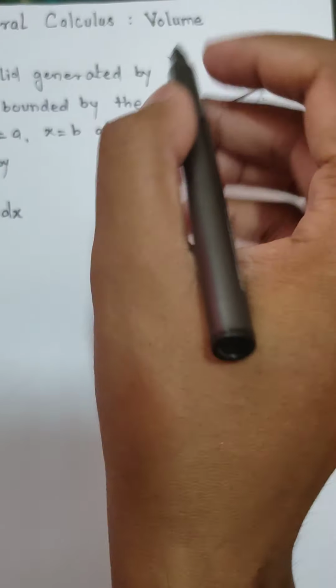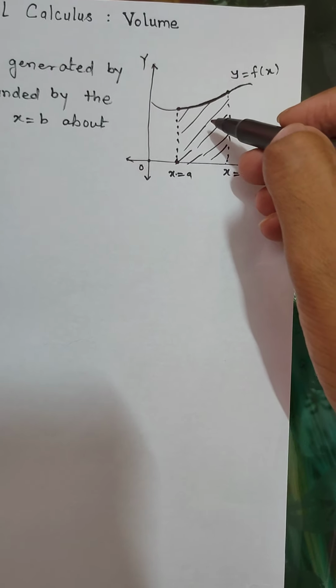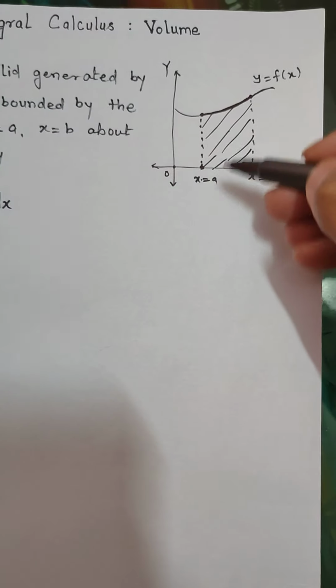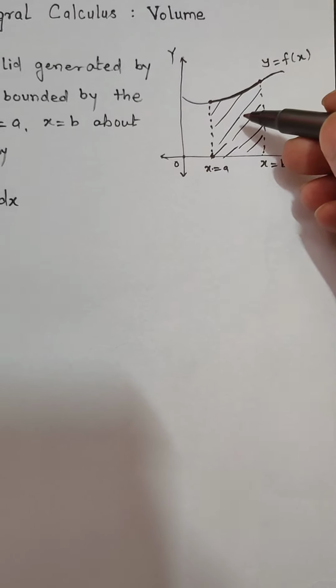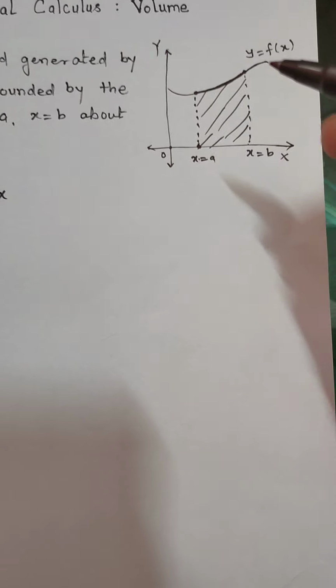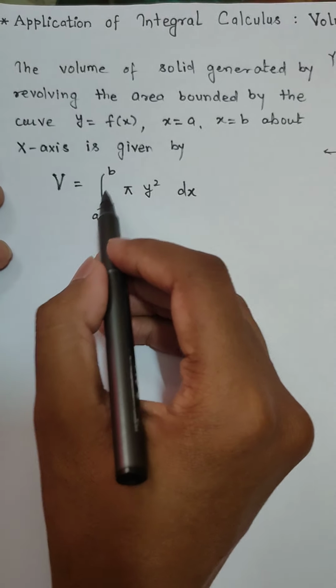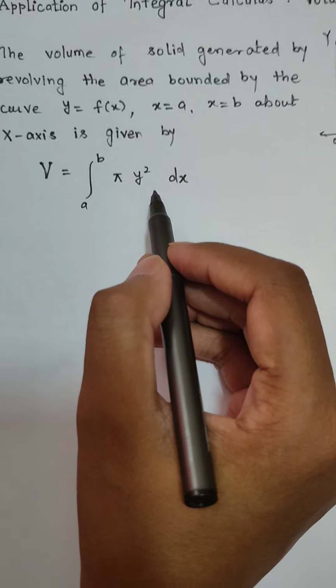Now a solid will be generated if this is the area bounded by the curve. When you revolve this about the x-axis, the solid will be generated, and the volume of that solid is given by this formula. Volume is equal to a to b pi y square dx.